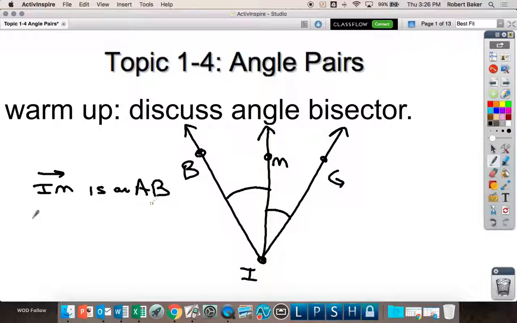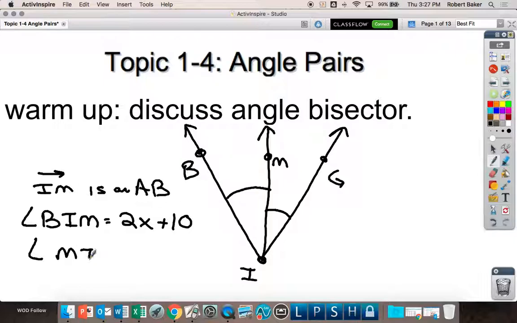It's going to say angle BIM equals 2x plus 10. It's going to say angle MIG equals x plus 30. And then you're going to have the aptitude, the algebraic skills to solve that expression.